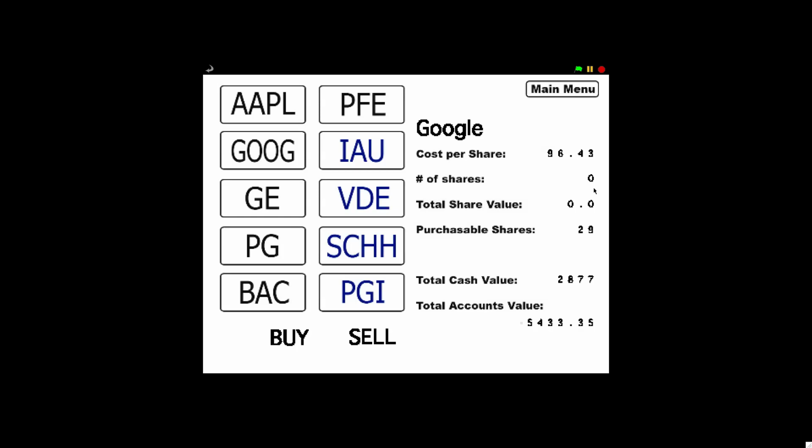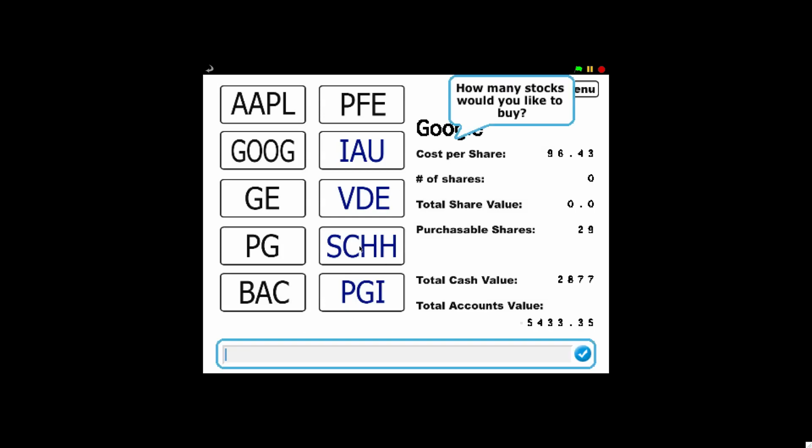If you want to put all of your weight in a higher priced stock, then you can do that, but you'll have less shares in that. So it gives you a lot of opportunity and choices to make, which is really good when learning about this, especially since it's not real money. So let's buy 25.